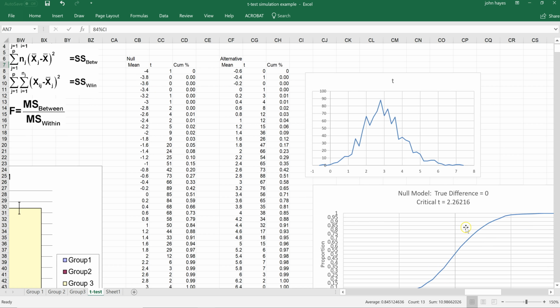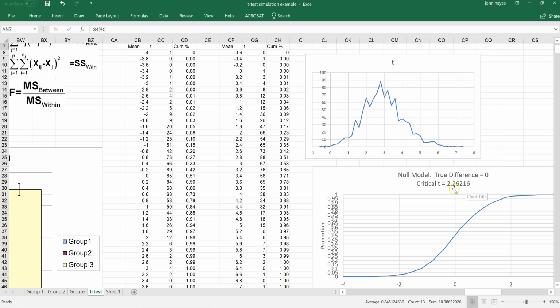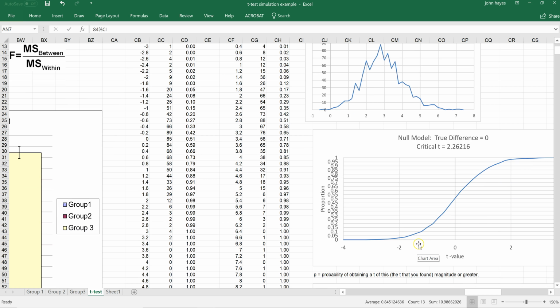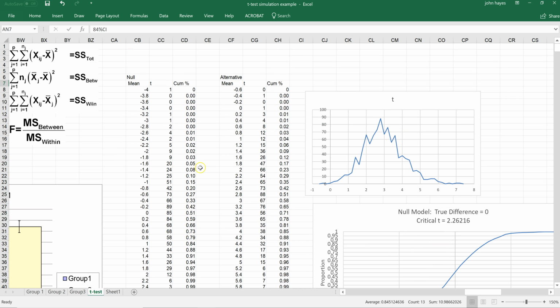But if we look up in a table, our critical value, instead of 1.96, is 2.26. Absolute value. So here we have minus 2.4. These are all values that are less than the critical value. So if we look on our graph, 2.26 is right here, and out of 1,000 we have a few that are going down here.